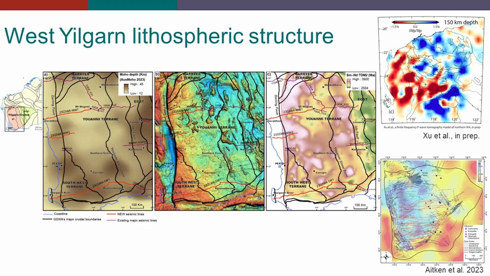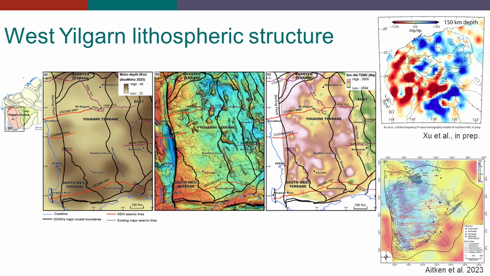All right, looking at the large scale, at the lithospheric structure for the West Yilgarn, I'm showing here the latest Moho map from AusMoho 2023, and then the gravity in the middle and the neodymium isotopic map on the right.